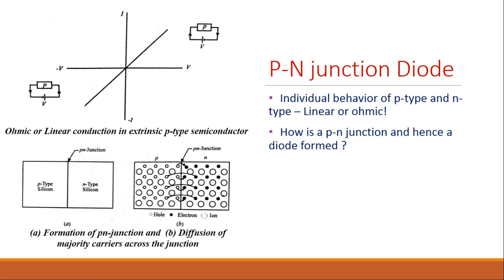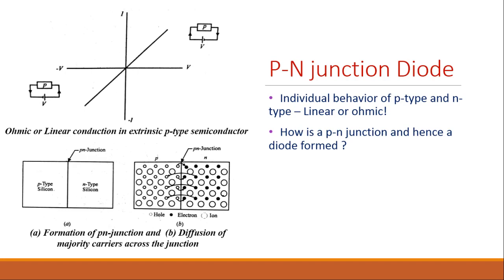The p region consists of a very large number of holes, which are shown by small hollow circles, a very few electrons, and the larger hollow circles denote the ions. So, the p-type region has a very large number of holes, a very small number of electrons, and immobile negative acceptor ions.